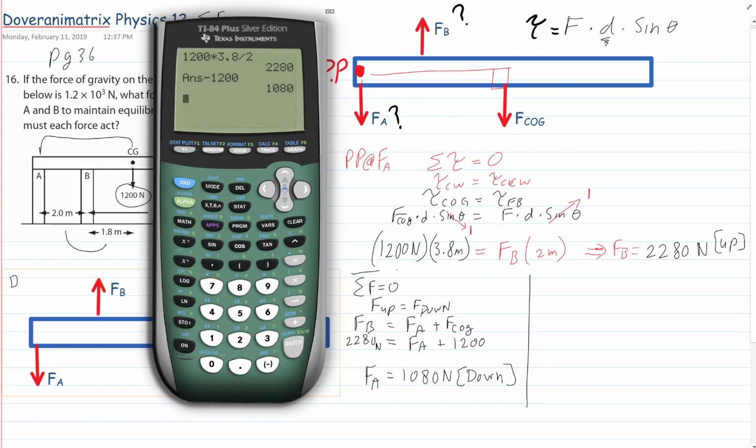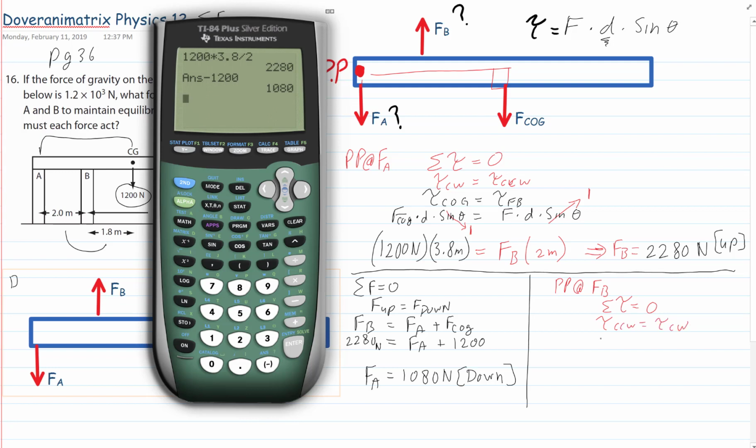Let's just show you that we could have done it by doing the sum of the torques. So I'll move the pivot point to FB, and we'll do the sum of the torques equals 0. So the torques counterclockwise is equal to the torques clockwise.